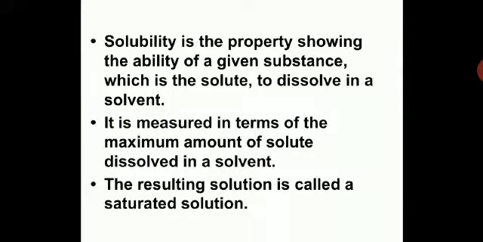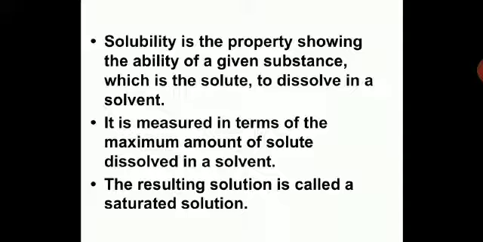Now let us see some aspects of solubility. Solubility is the property showing the ability of a given substance, which is the solute, to dissolve in a solvent. So it is the ability of a substance to dissolve in a given solvent. That property is called solubility, because every substance will have a different solubility, and it also depends upon the temperature.